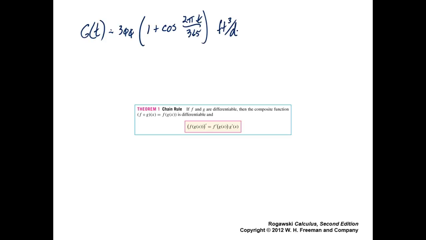Now, when you read what they're asking for here, find the rate of change of usage. The G of t is the usage. The rate of change of the usage would be dg dt. The time rate of change would be dg dt. So that's what they're asking for.